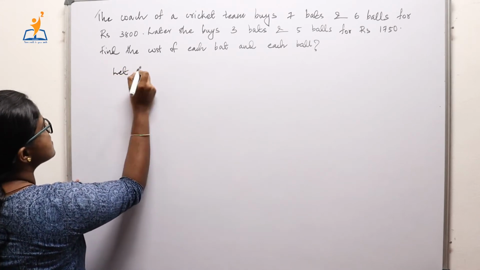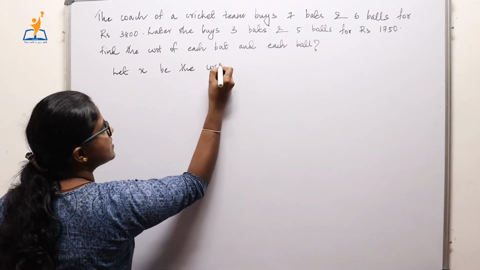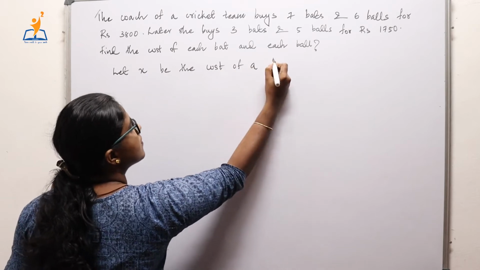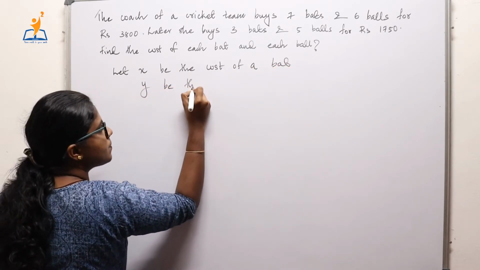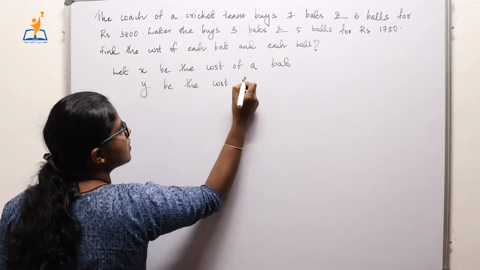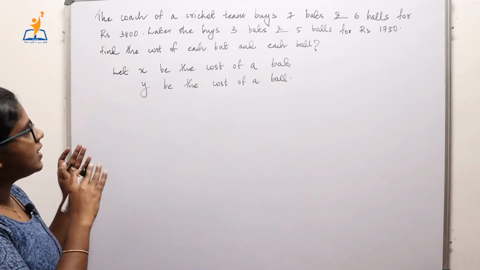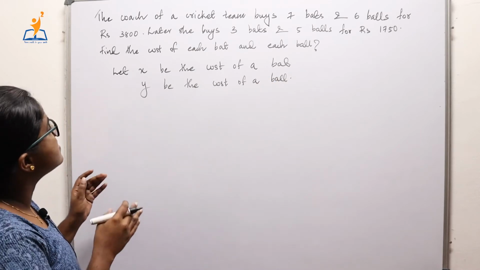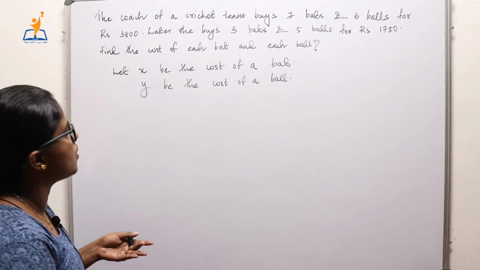So let x be the cost of a bat and y be the cost of a ball. Now let's look into the conditions. The coach of a cricket team buys 7 bats and 6 balls.